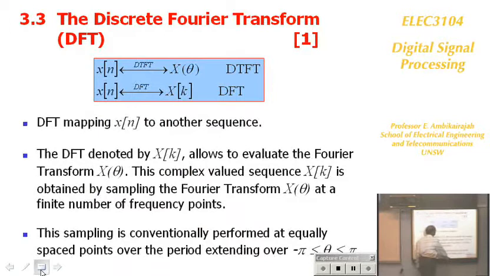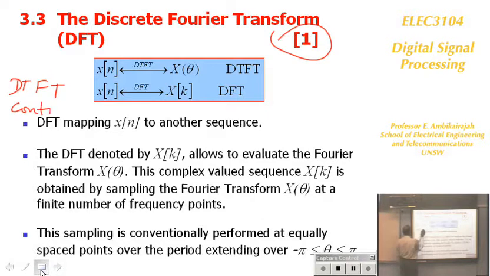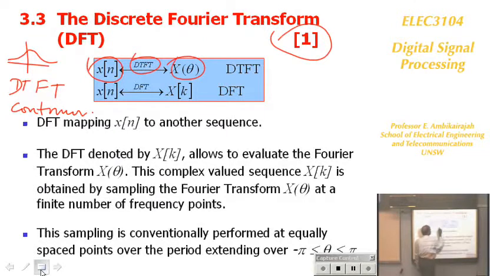Now we move on to discrete time Fourier. So far we talked about discrete time Fourier, which is continuous. Discrete time Fourier comes to extent.